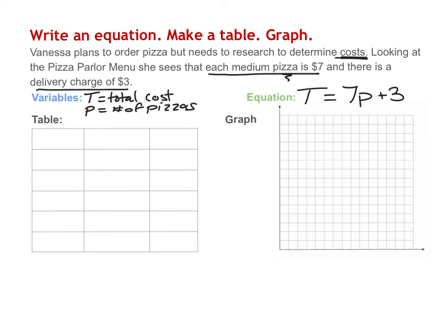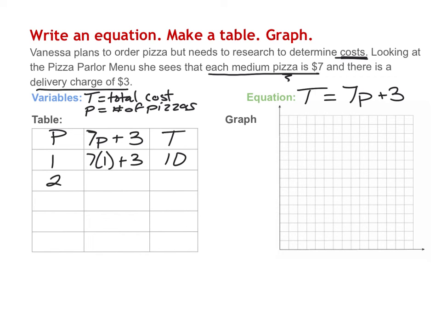So let's make a table where P is our input, total cost is our output, and our rule is that we are multiplying each pizza as $7, and then we have a one-time $3 delivery charge. If I buy one pizza, that's 7 times 1 plus 3, it's going to cost $10.